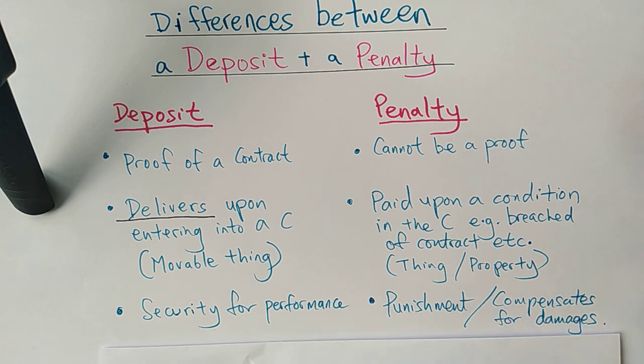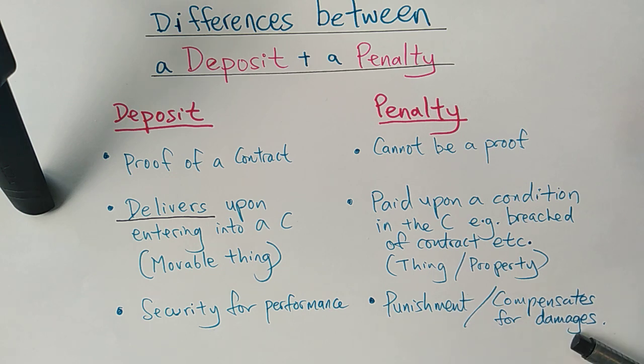Now, comparing with a penalty. A penalty is not securing anything. As we talked about in depth, the penalty is aimed to punish, to penalize the person who did not perform a condition. I repeat, the penalty is there to punish the person who did not perform a certain condition, and breach the contract, for example.